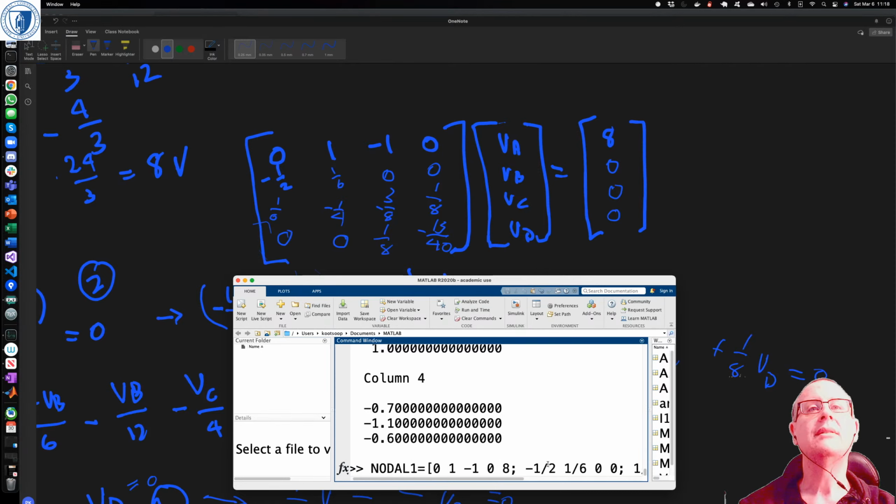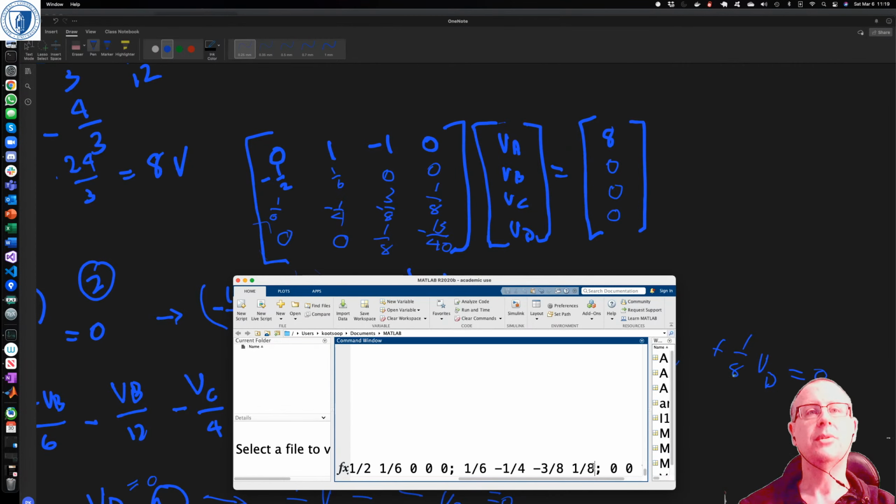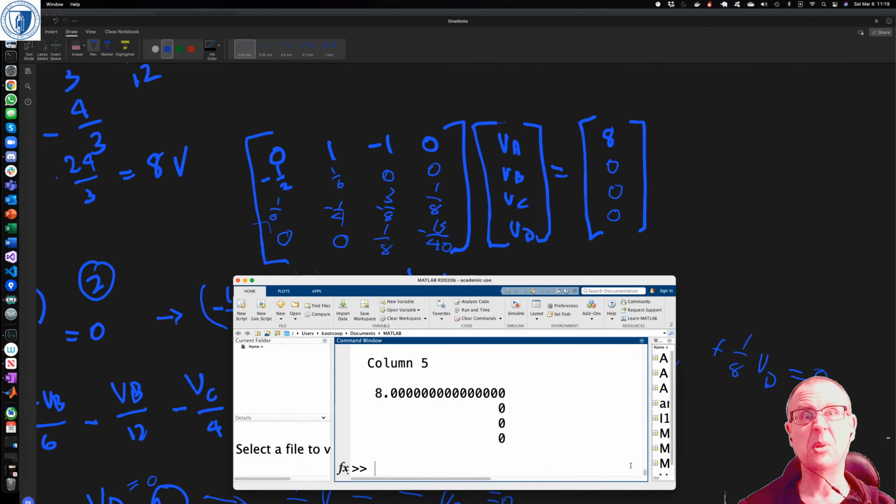So it's an 8. I forgot to put the 0 in there. And I forgot to put the 0 in there. And then 1/8 minus 13 40ths, and then another 0. Hopefully that works out.